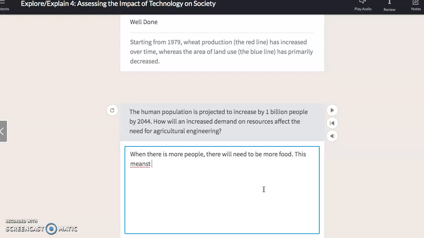This means that they will need technology that can get food to grow faster and be transported more quickly to people.